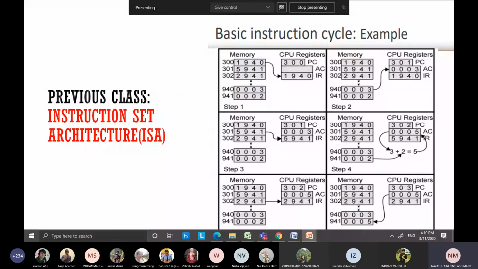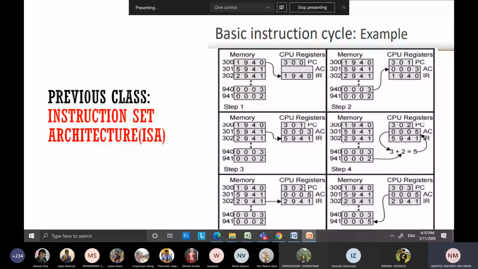Also, the first instruction is number 1. If you still remember, I just want to discuss again what we have learned before, so that it's a continuation from the previous class to our class now. We look at the basic instruction cycle, and we can see that there are 6 steps here.